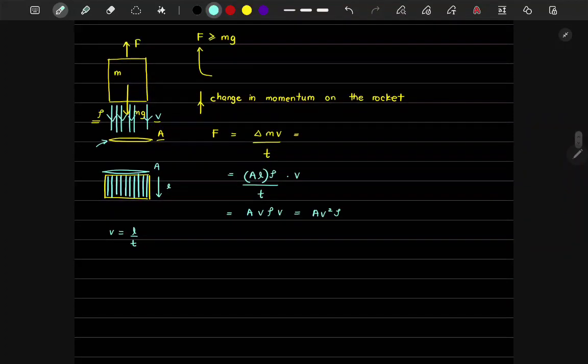Now since F is equal to mg, we can equalize A V squared rho to mg. We can make V squared the subject: V squared equals mg divided by A rho. Then V is equal to the square root of mg over A rho.